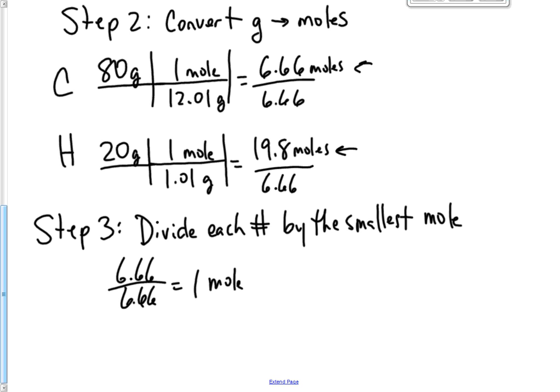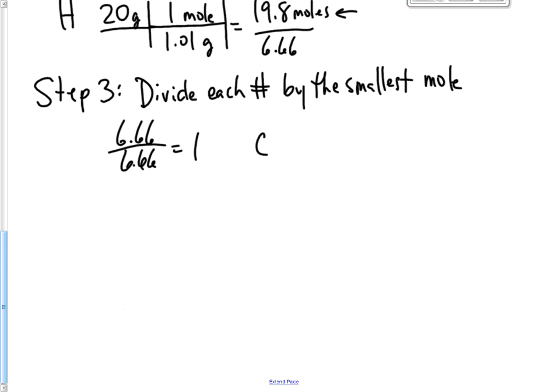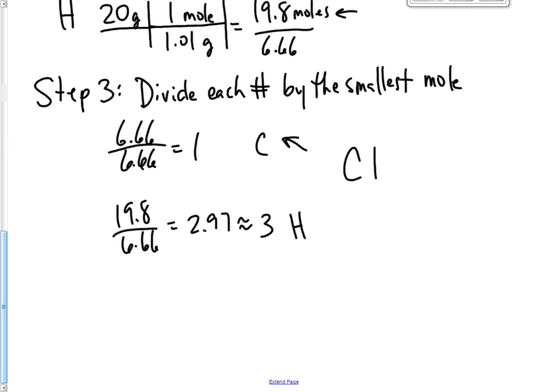We have 1 carbon. 19.8 divided by 6.66 gives us 2.97, which we can just round to 3. So we're going to round to the nearest whole number when it's that close. So we have 3 hydrogens. So our answer here, we have 1 carbon from right there, and we have 3 hydrogens from right there. So this is our empirical formula.